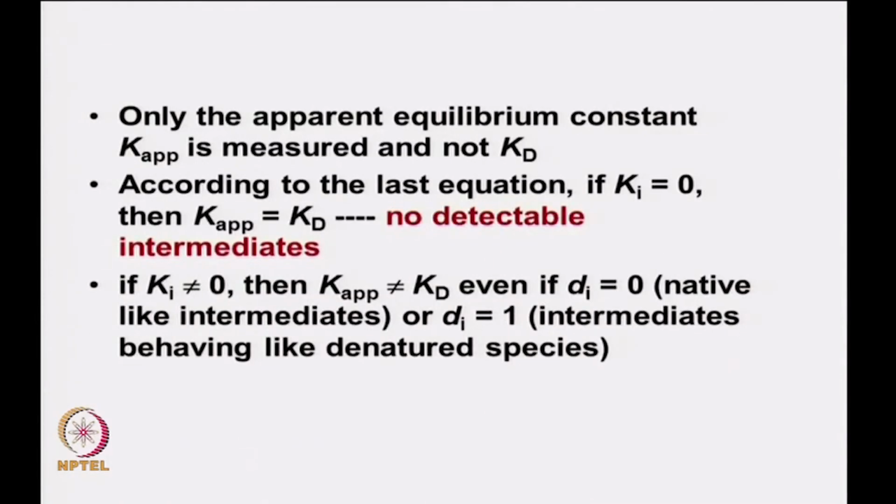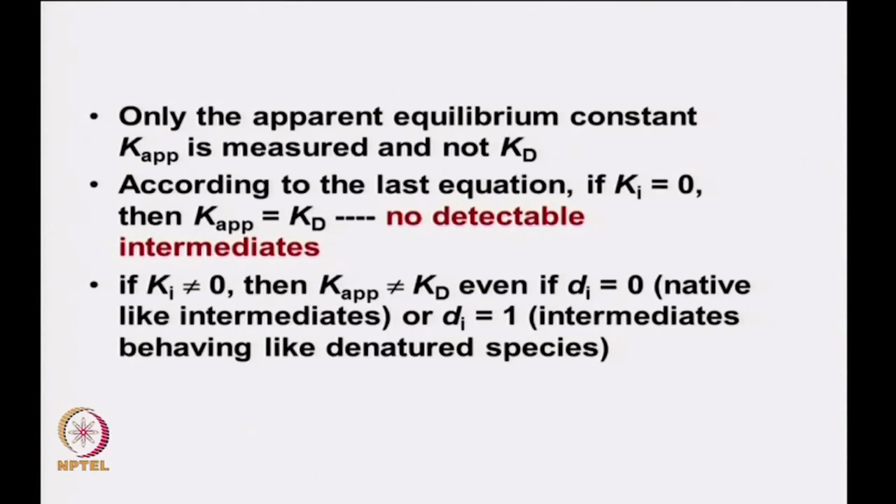So, that means even if Di is equal to 1, which is a native-like intermediate, very close to the native state, or Di is equal to 0, where intermediates behave like a denatured species, still your K is K apparent, because your Ki is not equal to 0. So, that is another way of looking at it, especially when your transition is not a 2-state, but involves many intermediates.